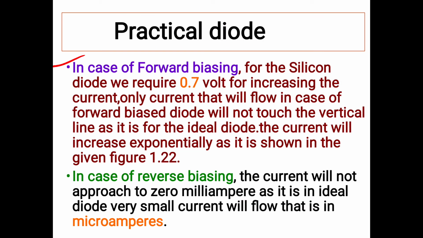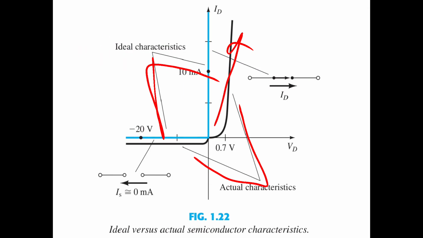The same thing is given here. In case of the forward bias practical diode, the characteristic will not touch the vertical line as it does for the ideal diode. It is at some distance from the ideal diode characteristic.